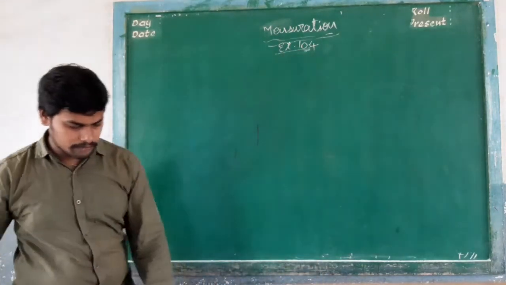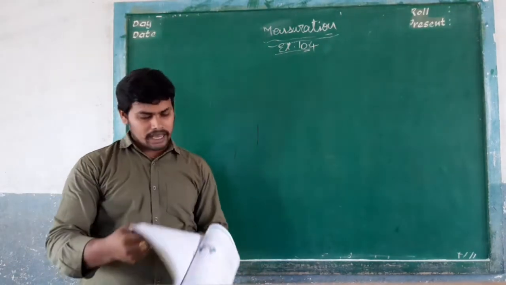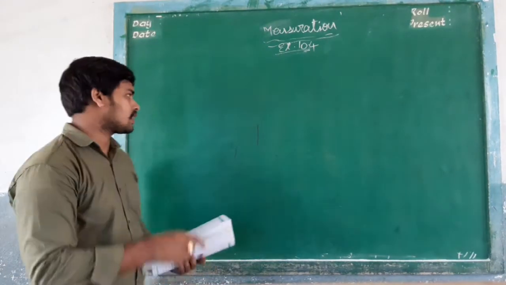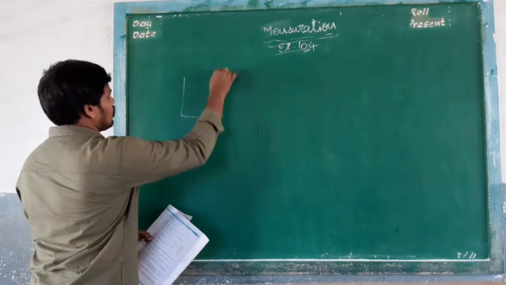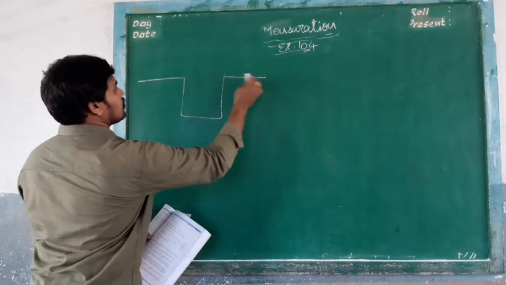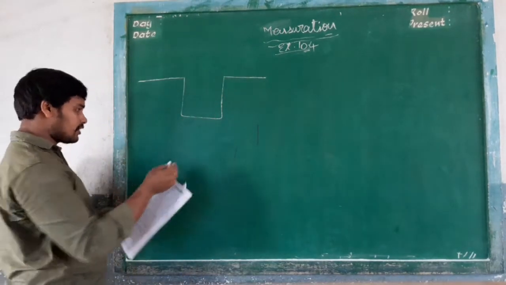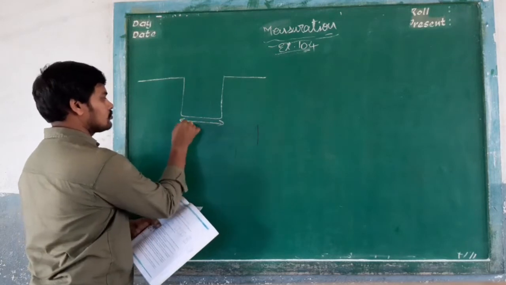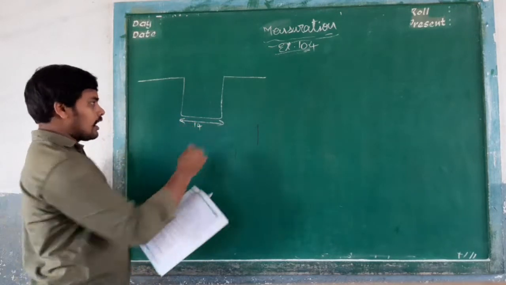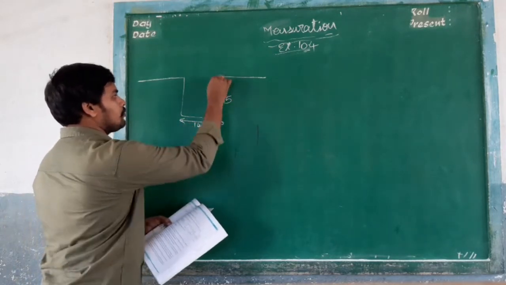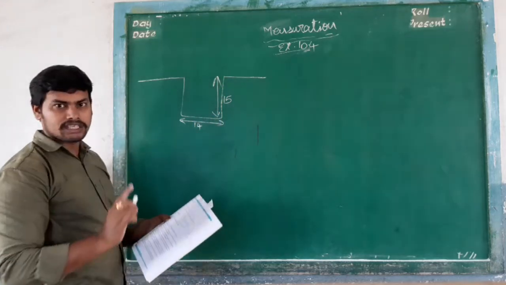Next, the fourth one. A well of diameter 14 meters. Same concept. This is a well of diameter 14 meters and 15 meters deep. Deep is nothing but the height of the cylinder.